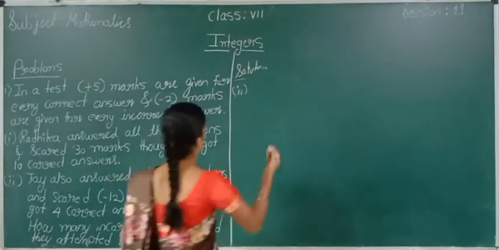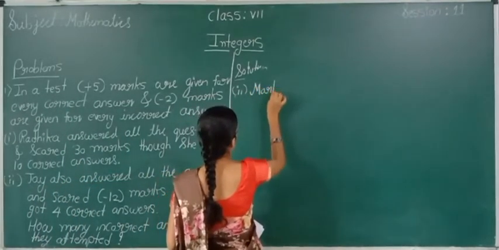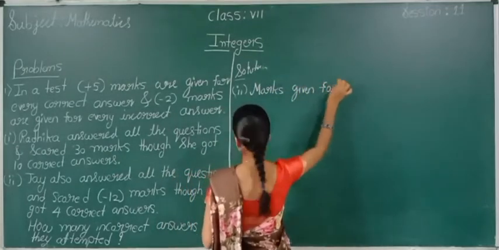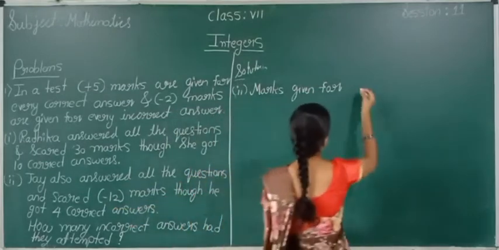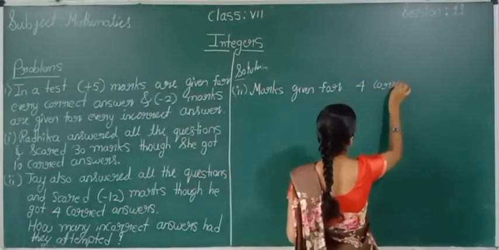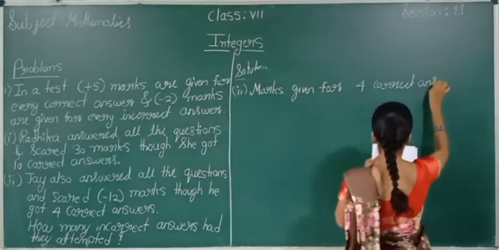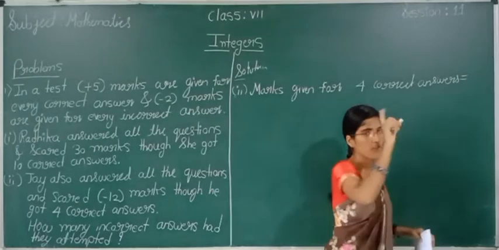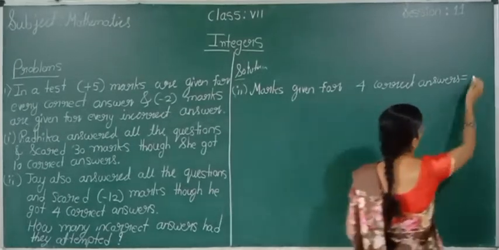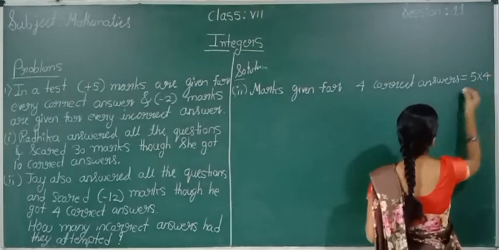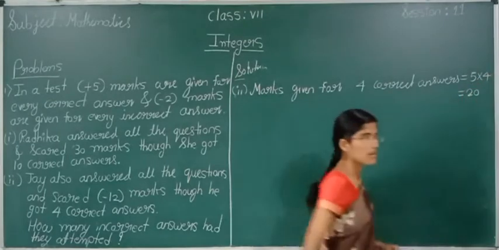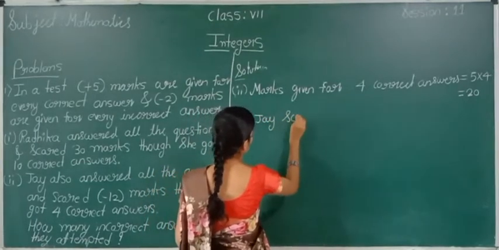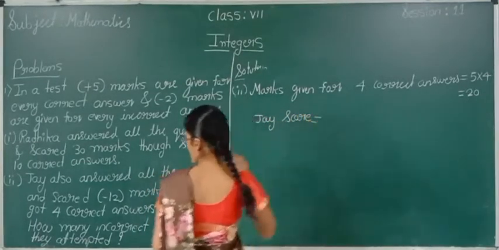Marks given for 4 correct answers: for 1 correct answer 5 marks, so for 4 correct answers, 5 fours are 20. Now what is J's score? J's score is equal to, how much have they given as J's score?